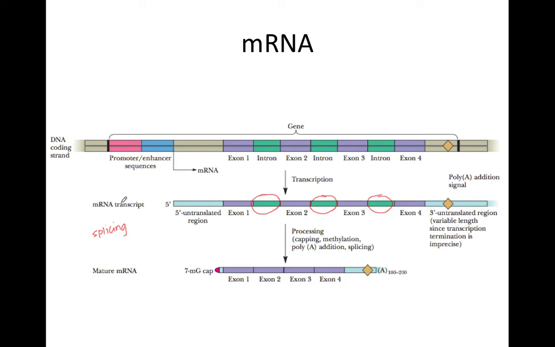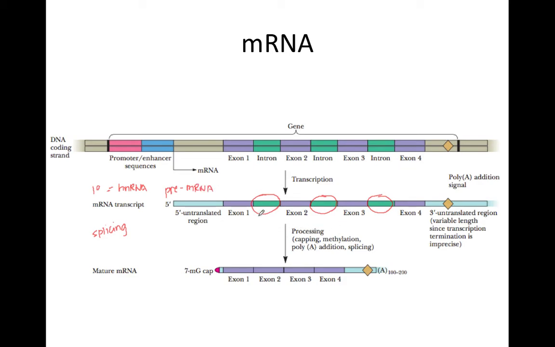The first transcript, or the primary transcript, is also called hnRNA or heterogeneous nuclear RNA. It's also called the pre-mRNA or the precursor mRNA.